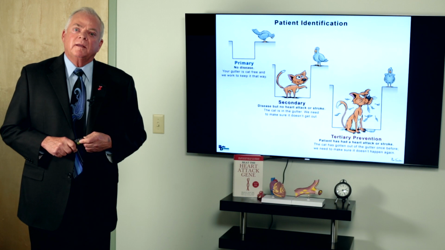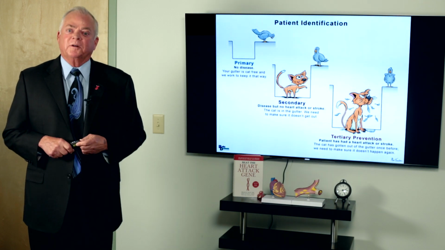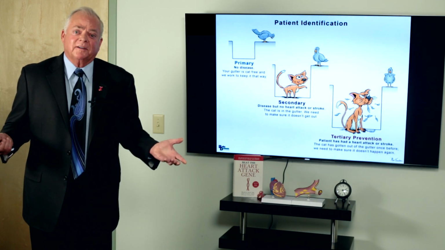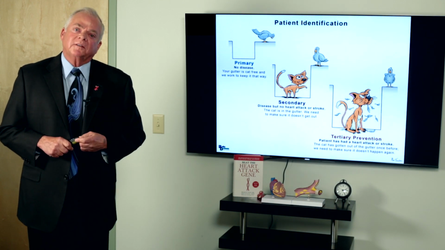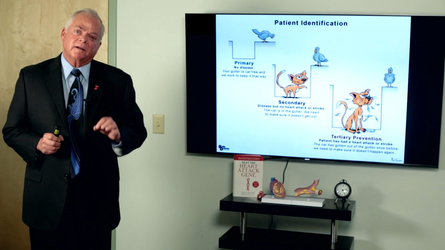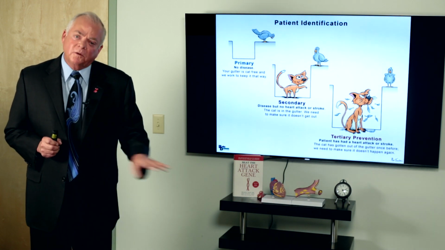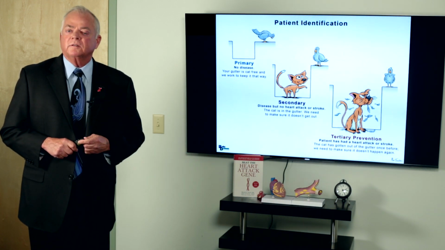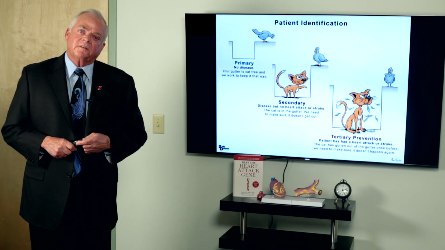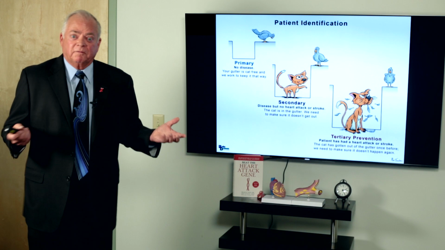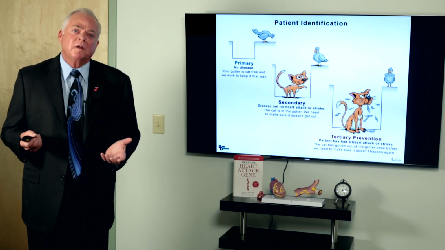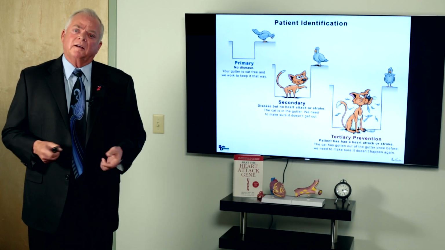That patient has extremely low risk for an event. If they really don't have a cat in the gutter, it's not going to happen. That's primary prevention. The goal of therapy would be, we're going to work on you so you never do get disease in your arteries. Secondary prevention is, yeah, we found a cat in the gutter. It's never bothered you. It's never jumped out, caused any problems. We're going to make sure it never does.